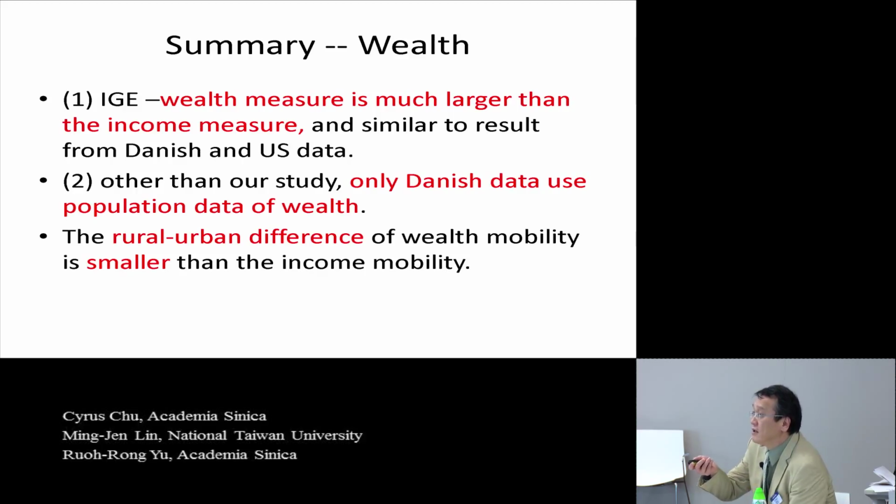The United States also has a PSID measurement of IGE of wealth, the paper by Charles and Hurst, and it's about the same, 0.37. The rural-urban difference of wealth mobility is smaller than the income mobility.